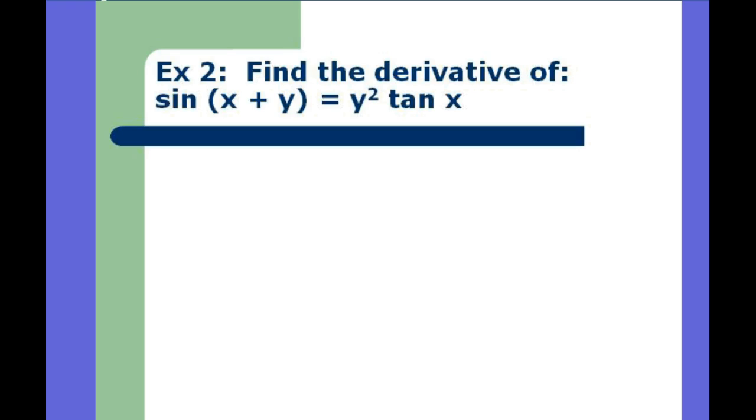Okay, find the derivative of sine of (x plus y). So now it's inside the angle with two variables. So start with the outside. Derivative of sine is cosine.